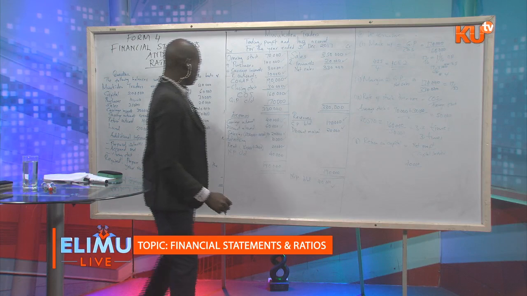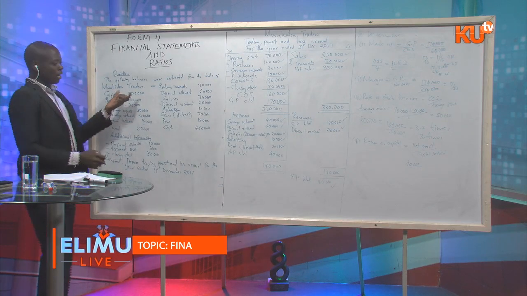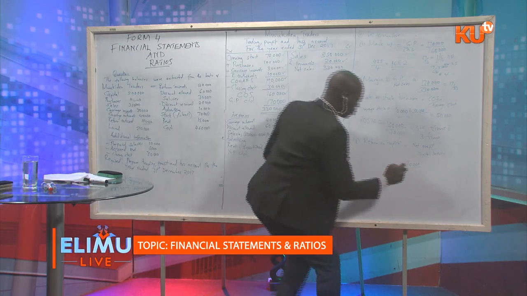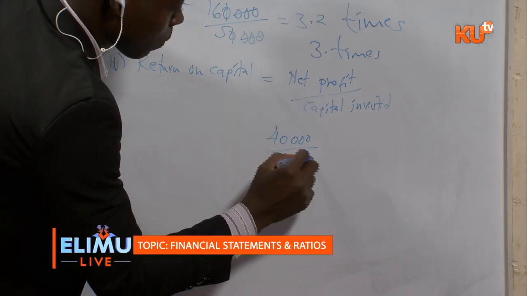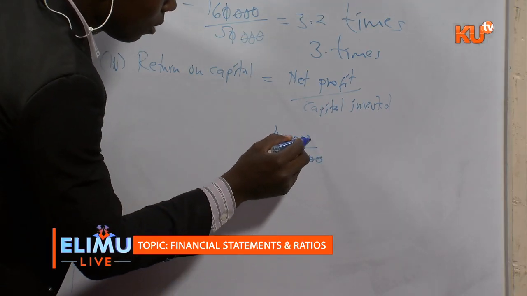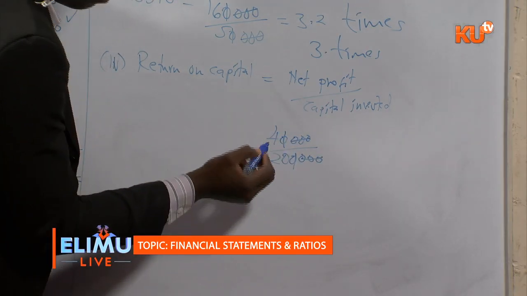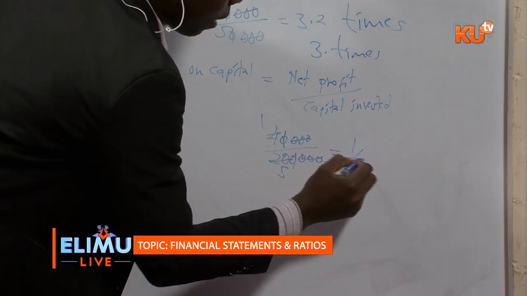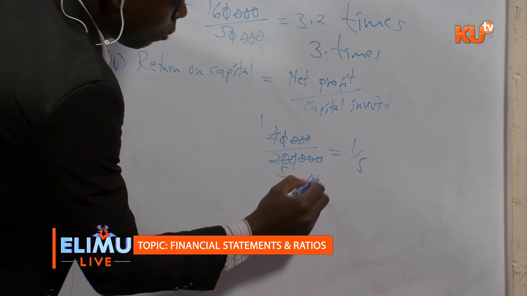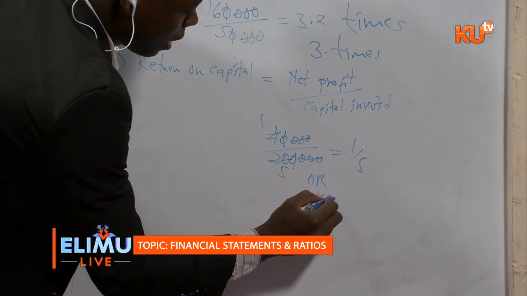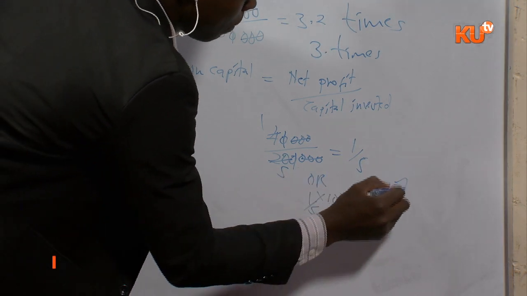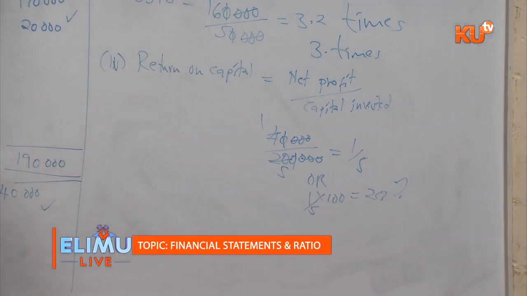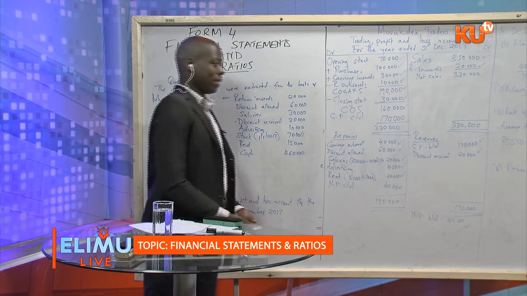Capital invested, in our case, was 200,000. So we divide by 200,000. So this cancels out. That is 1 over 5. Or as a percentage, we'll say 1 over 5 times 100, which will give us 20%. So it means the return on capital is at 20%.